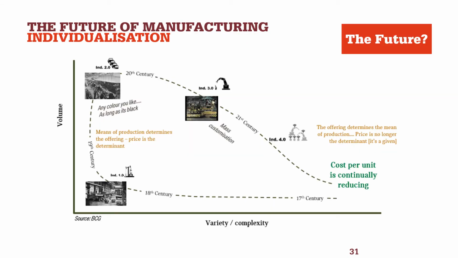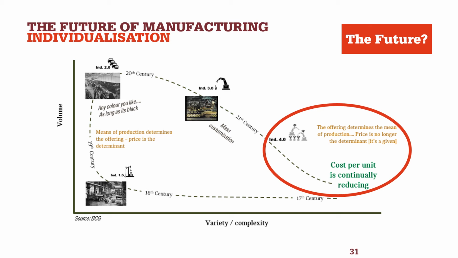So what of the future? What are some of the trends and developments that we see that are going to further affect the way in which products are designed and developed? One thing's clear, that despite a few temporary glitches, that trend for increasing individualization in products isn't going to stop anytime soon.